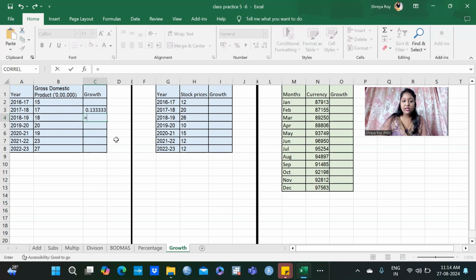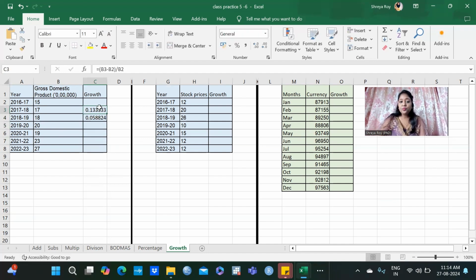Okay, I am repeating, is equal to new minus old by old, enter. So we got our growth rates.